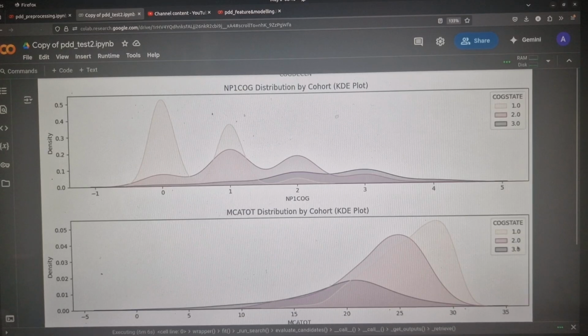A cognitive score greater than 26 is for the normal class, between 20 and 26 is for MCI, and 18 and lower is for people with Parkinson's disease dementia. That explains why class 3 has its apex at a lower value, class 2 at a medium range, and class 1 around 30. After this, I went ahead to continue with my model building.